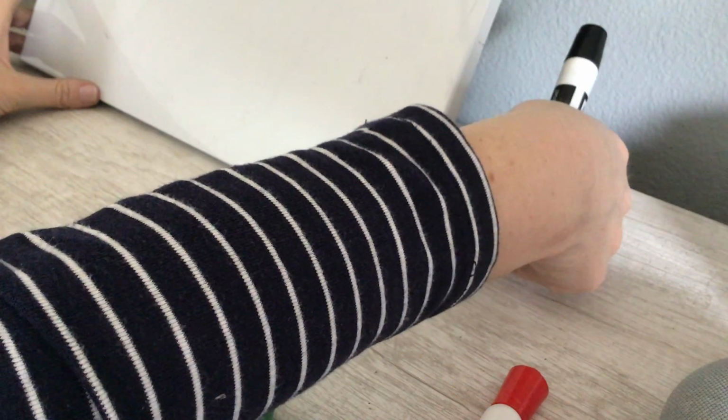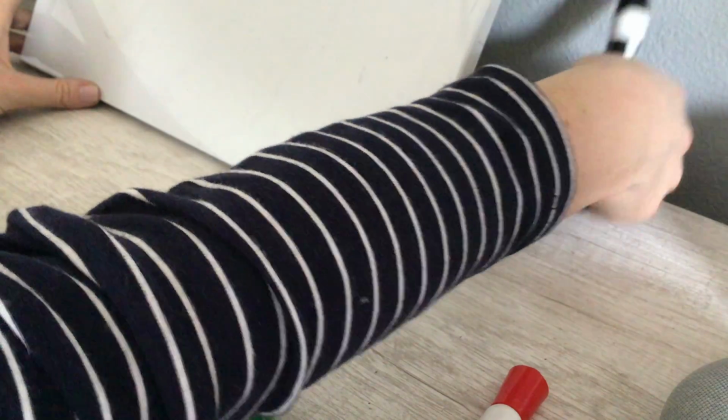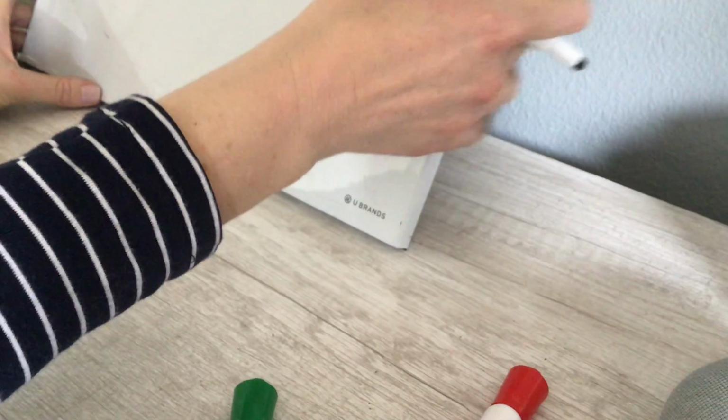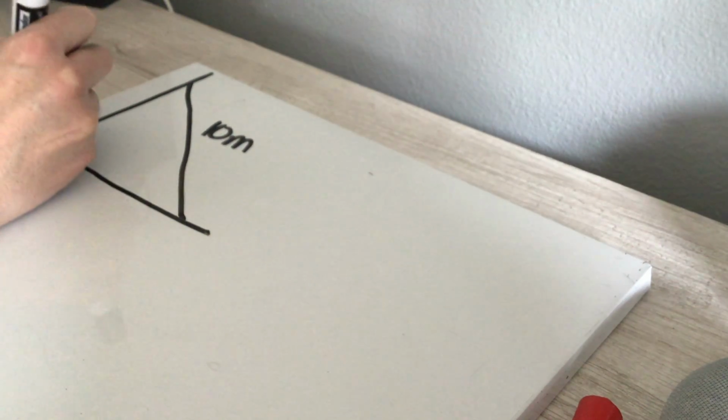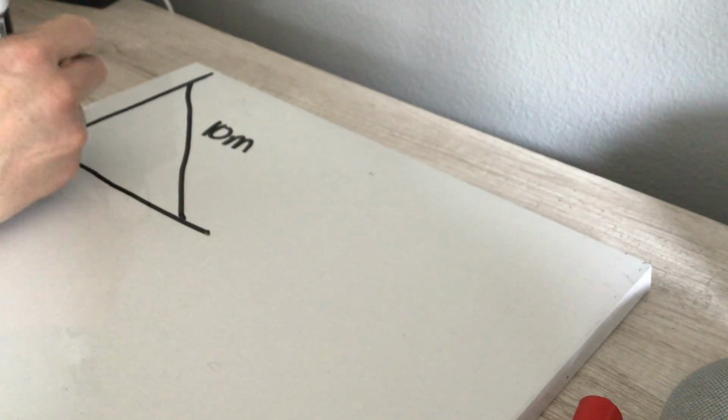So this distance away from the wall is changing, as well as how far the top of the ladder is from the floor, okay? So we know we are creating a right triangle here because the wall and the floor are forming a right angle. So we're going to label this as a 90-degree angle.